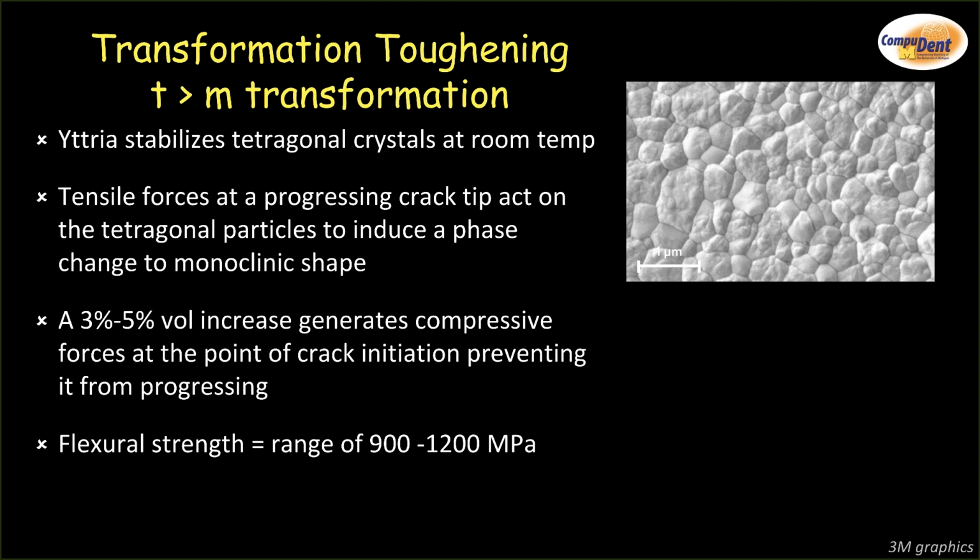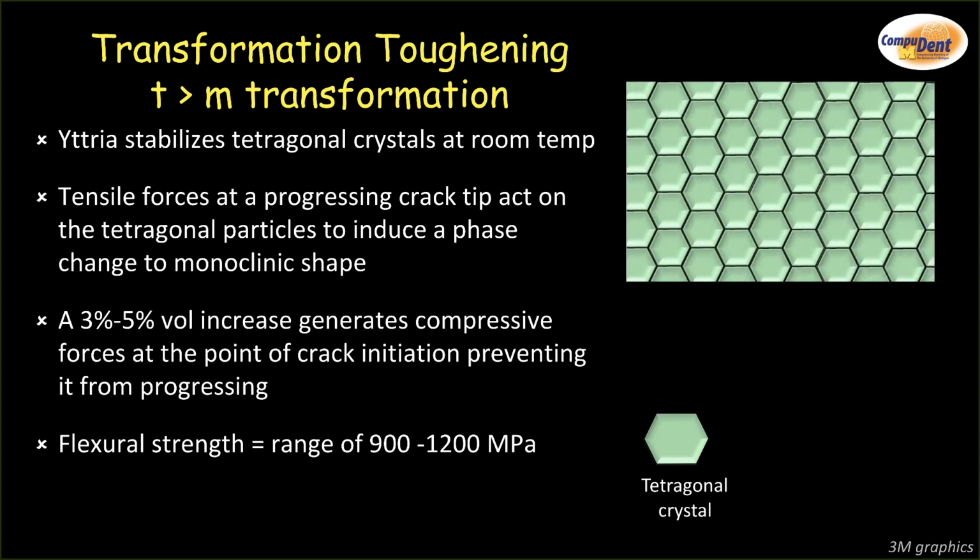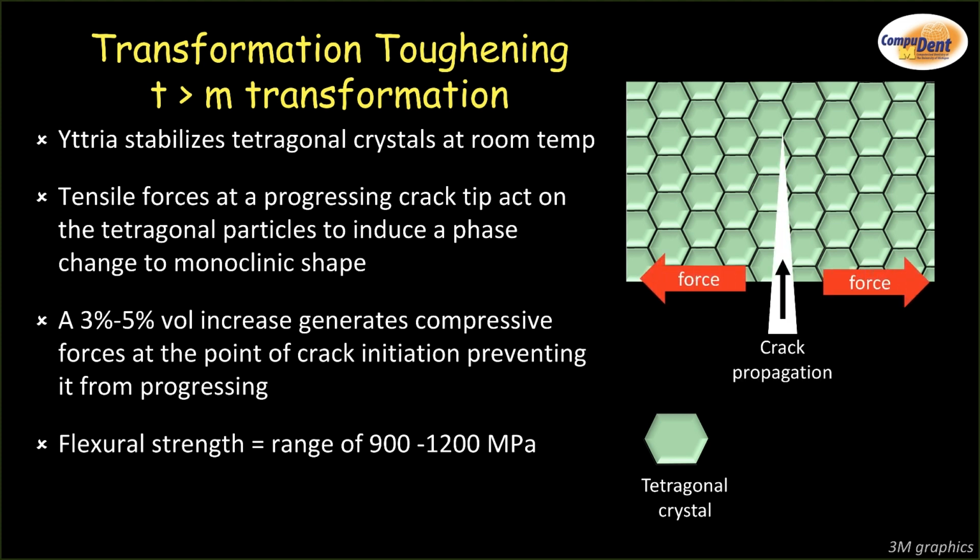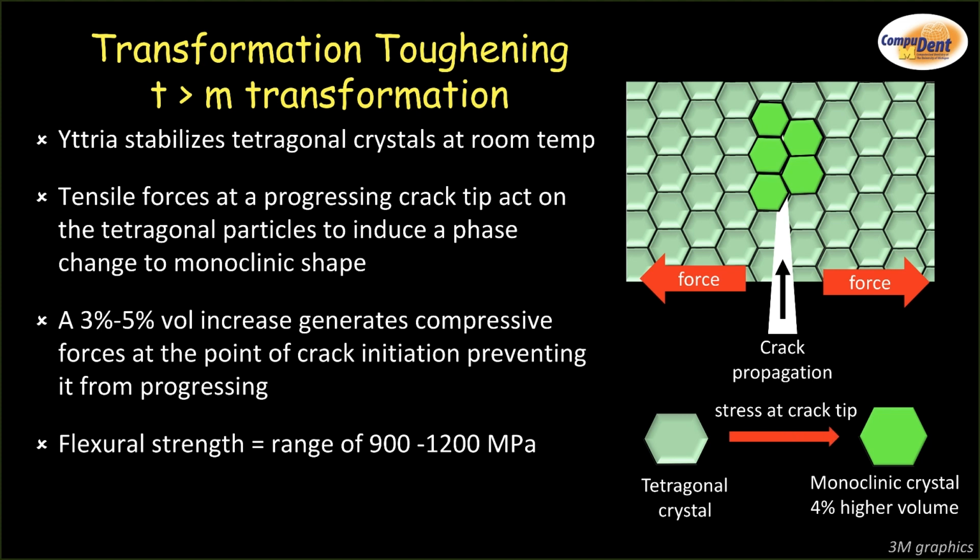Basically, what occurs here is if a stress is put through this tetragonal crystal phase, it has some energy on that crack as it propagates. And what happens is that energy hits these tetragonal particles, and the tetragonal particles shift to a monoclinic particle.